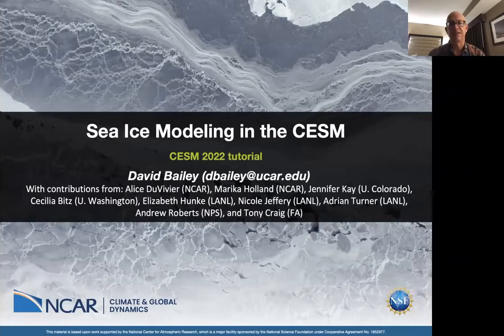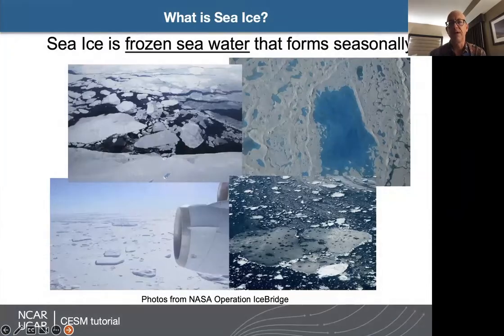So, sea ice in the CESM. Well, what is sea ice? So what we're talking about is frozen seawater. And so it forms in both the Arctic Ocean and then in the Southern Ocean around Antarctica.